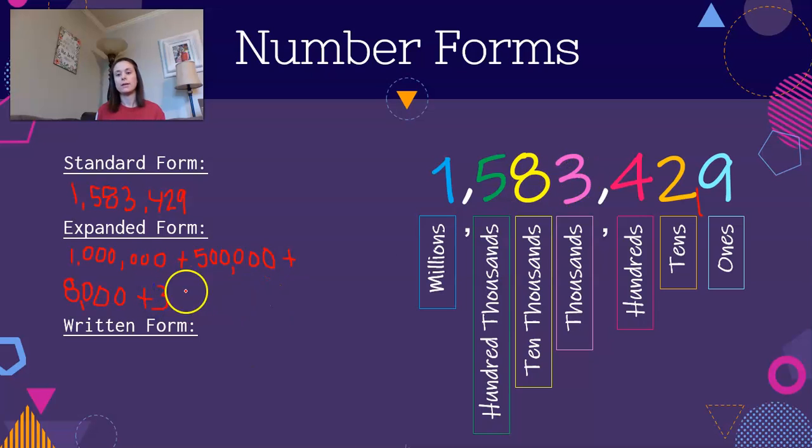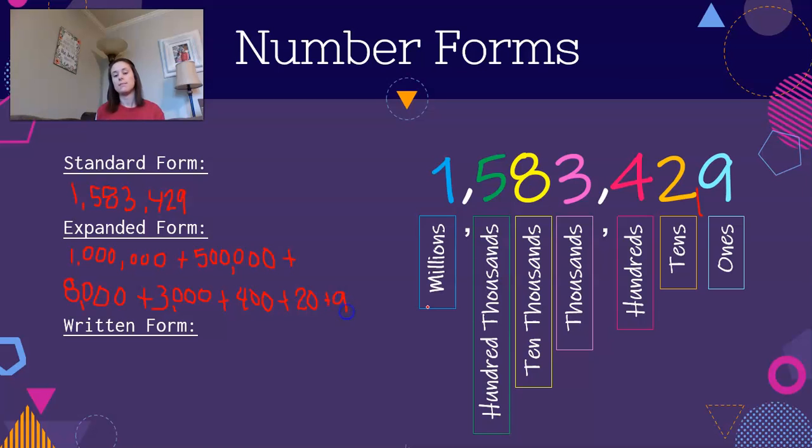Count my zeros to the right of the 3, which is 1, 2, 3. Add my comma, plus sign. Have a 4 with 2 digits to the right, which means I'm going to add 2 zeros, plus my 2, 1 digit to the right, so I'm going to add 1 zero, plus my 9.